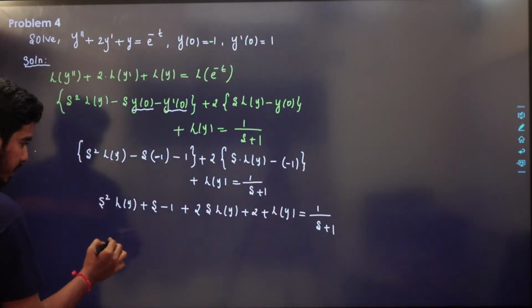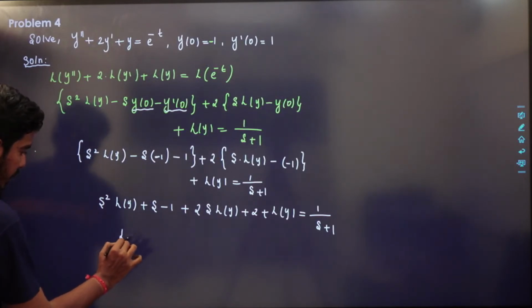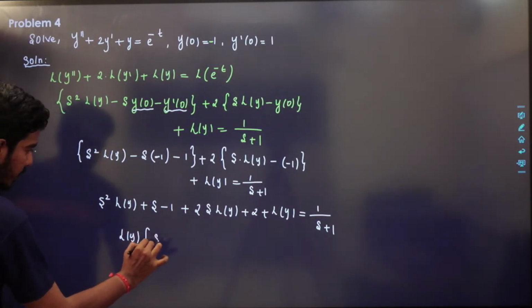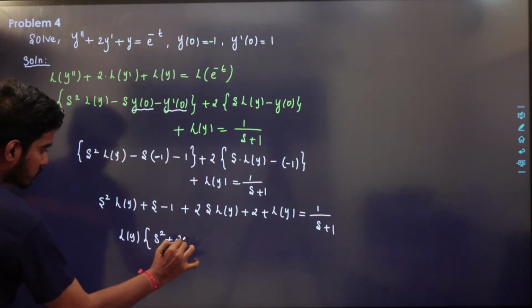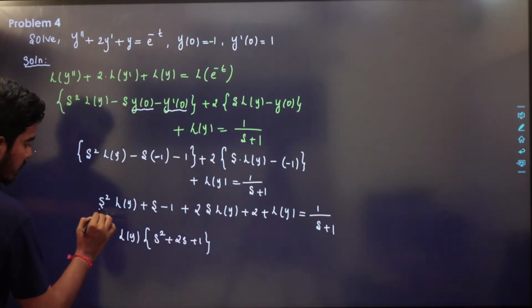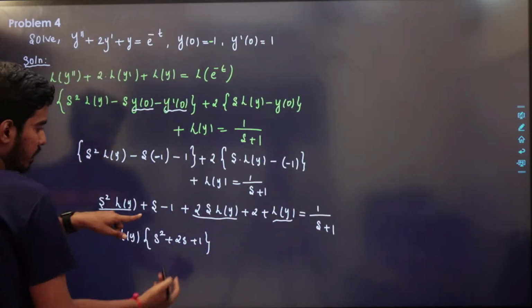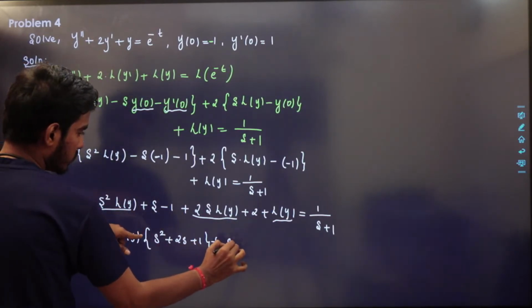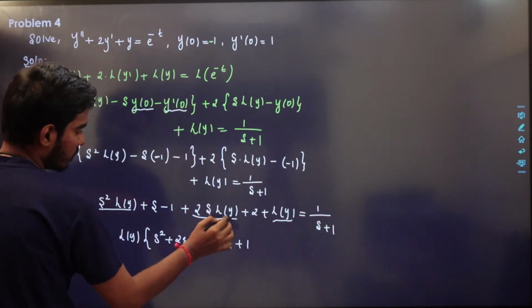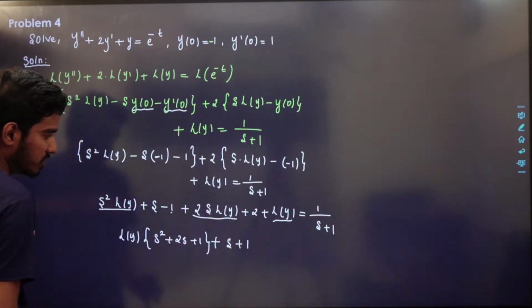So you take L of y common. If I take L of y outside, this will be s square plus 2s plus 1, and we will have s plus 1, because minus 1 plus 2 is 1.